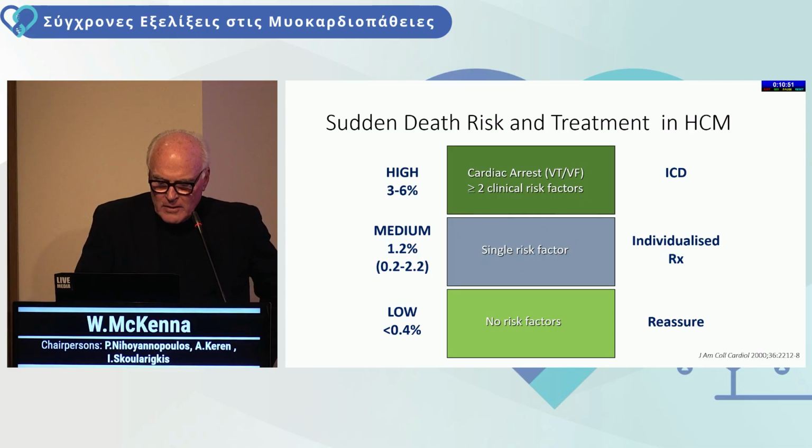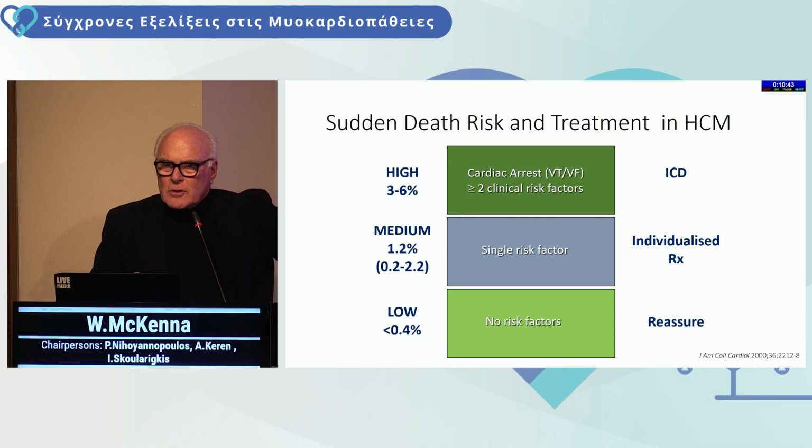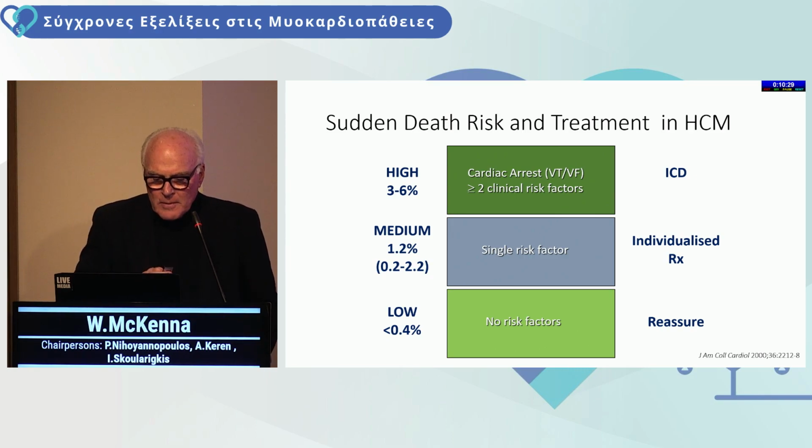And the bottom line here, if you have no risk factors and you do risk assessment properly, you basically don't die suddenly, and you can effectively reassure a patient. If you have 2 or more risk factors, you have a high mortality, and almost regardless of age, you should have a defibrillator. The problem is the majority of deaths occur in the 1 risk factor group.